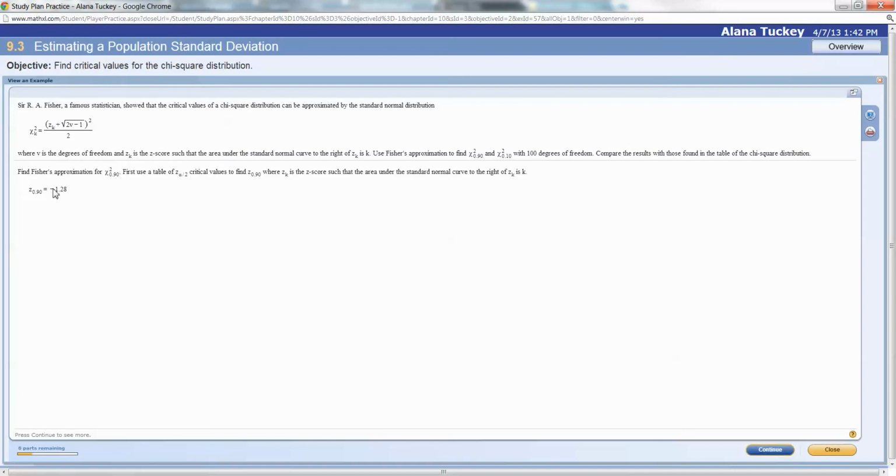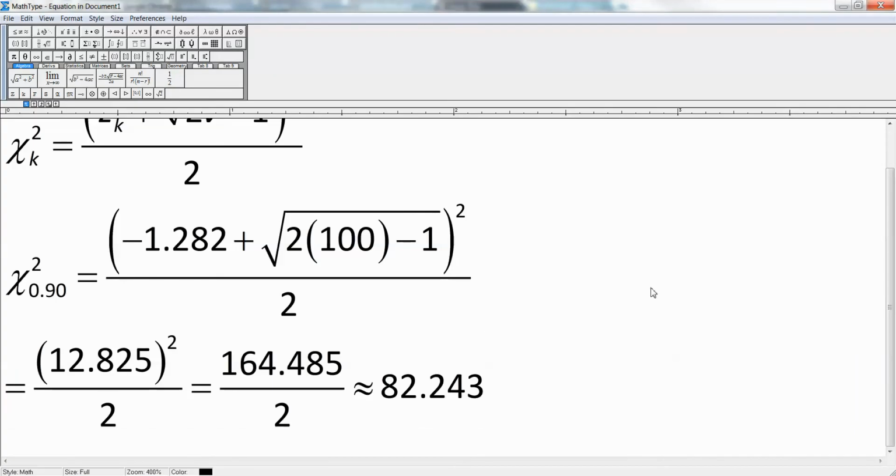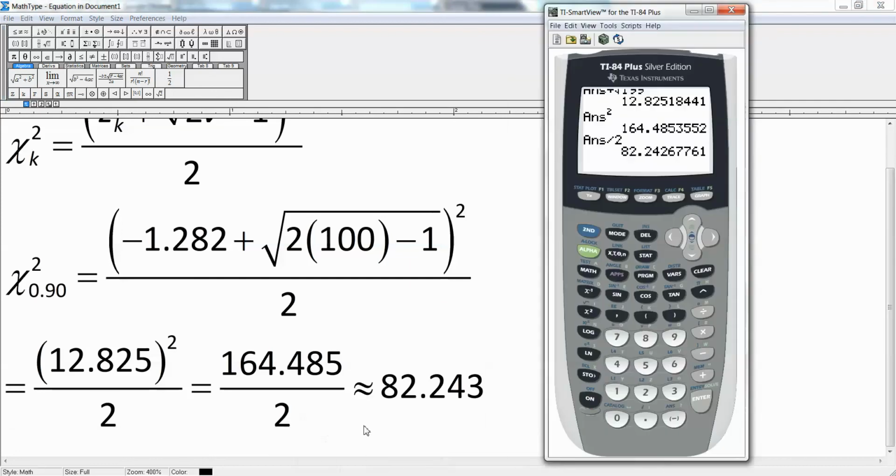So there's that negative 1.28 that we got for our z-score, and 82.263. We're a little bit off from them. I actually kept quite a bit of accuracy by keeping the calculator doing all of this.